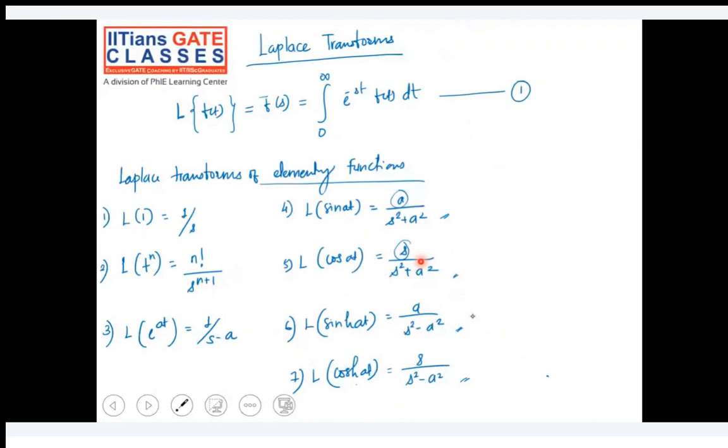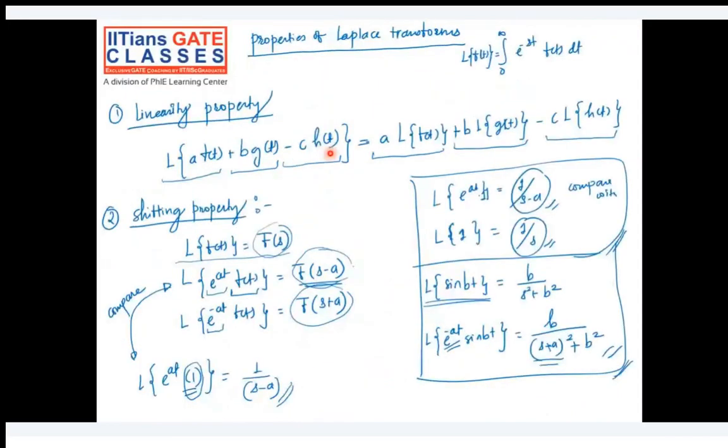Linearity property means what? Superposition. So if we have, let's say, 2 or 3 or 4, any number of functions in addition, then the Laplace transform of f of t plus g of t minus h of t, multiplied with constants a, b, you take the constants out and then take the individual Laplace transform of each function.